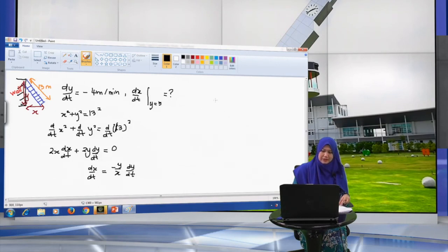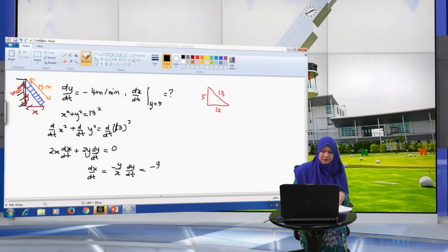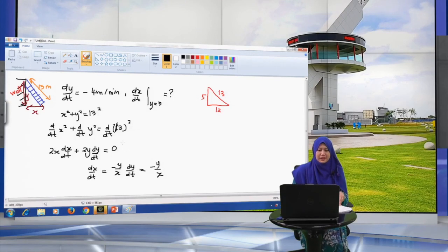By the Pythagorean theorem, if we have this triangle with the hypotenuse 13 and y is 5, this one should be 12. So dx/dt here is minus y over x times dy/dt, and dy/dt is given in the information, which is equal to minus 4.